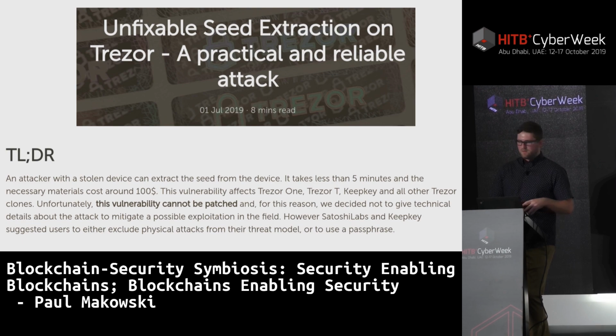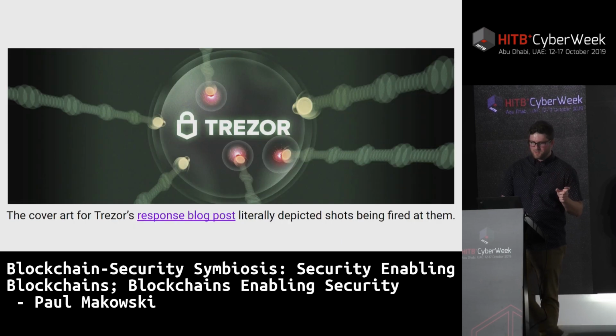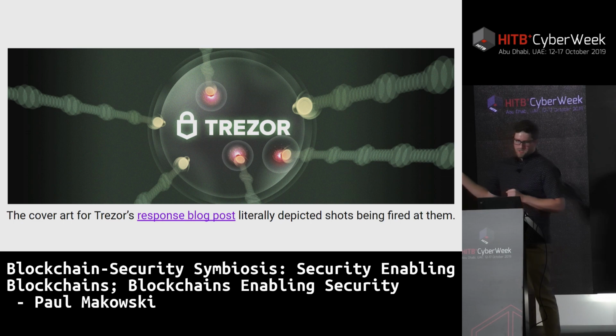And if you're interested in these sorts of attacks, I'd encourage you to take a look at the slide notes, because there's a lot of details here. But it takes less than 5 minutes and around $100 to recover a seed, which is the random number that is the genesis of the keys that are held inside of that hardware security module. And in response, Trezor wrote a blog post, and the picture on that blog post is literally shots being fired at them.